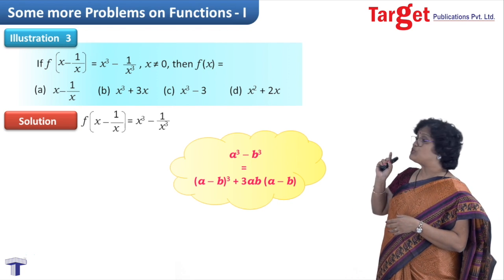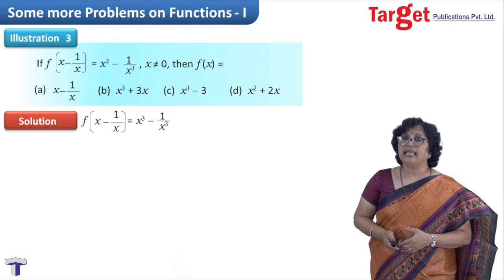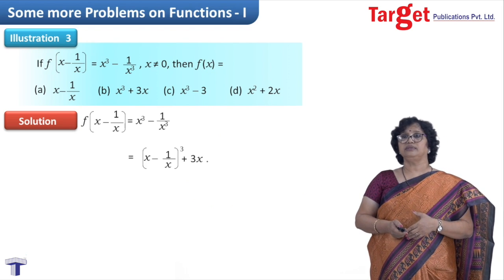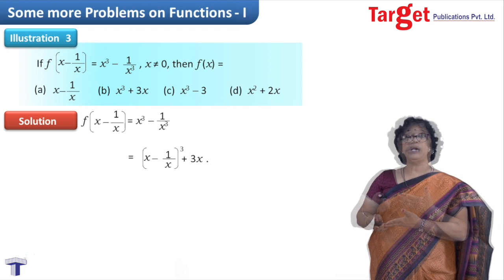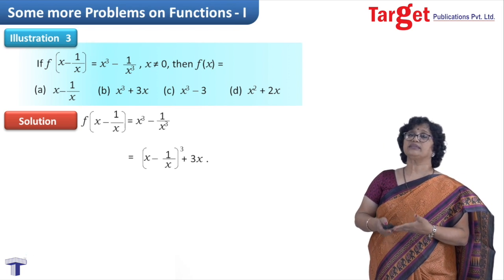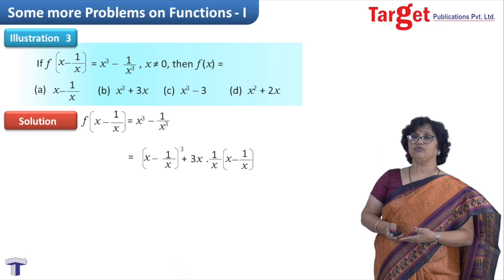And that is a minus b whole cube plus 3ab into a minus b. And then substitute in place of a minus b whole cube as x minus 1 upon x whole cube plus 3 into x into 1 by x into x minus 1 upon x.